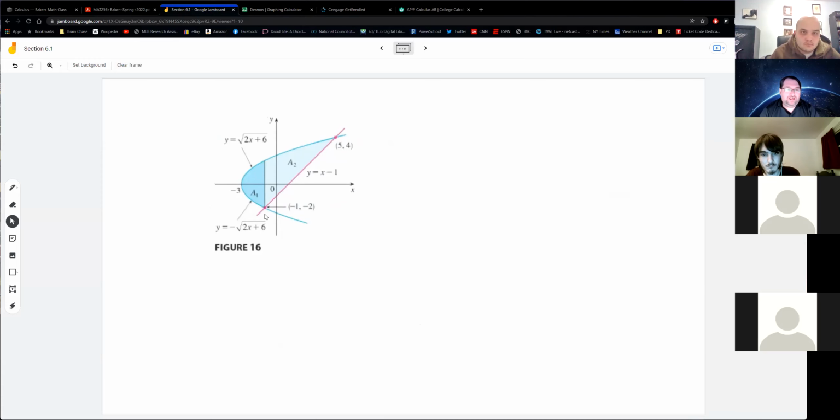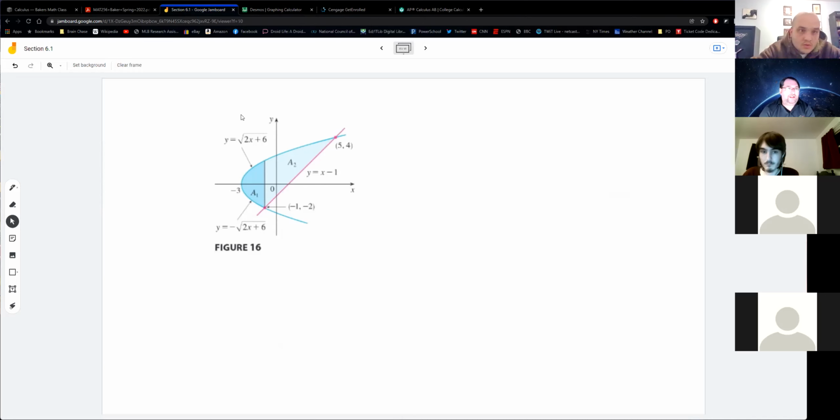I would have to do the square root of 2x plus 6 minus the negative square root of 2x plus 6, do that integration. And then I would have to do the integral of the square root of 2x plus 6 over minus the x minus 1 for that piece. So it's a lot more complicated, and that's why sometimes it's easier to solve for x.